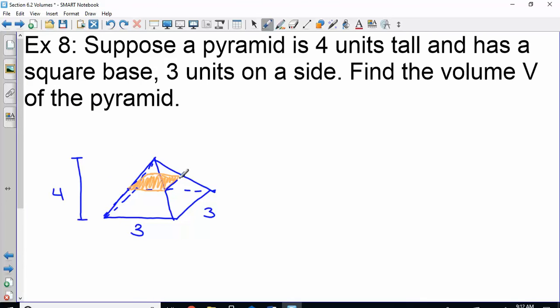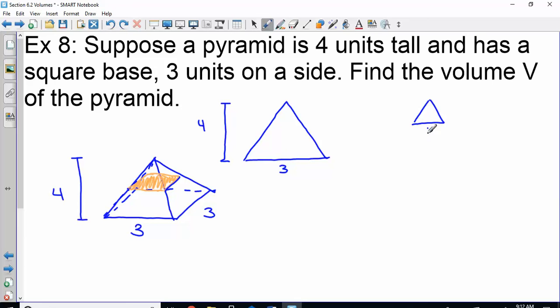Okay. We need to figure out what the length and width are, a formula for any given point along the way. To do that, let's talk about similar triangles for a minute. So this whole thing has a base of 3 and a height of 4. If I took my cross section, you would have this little triangle up here.